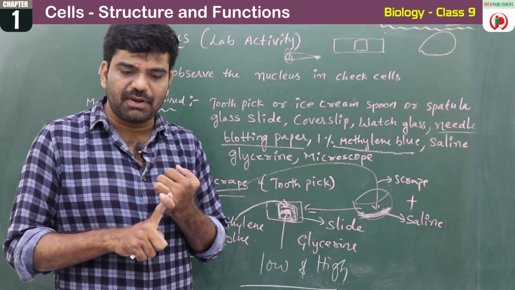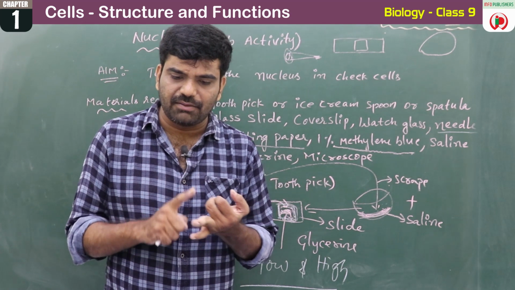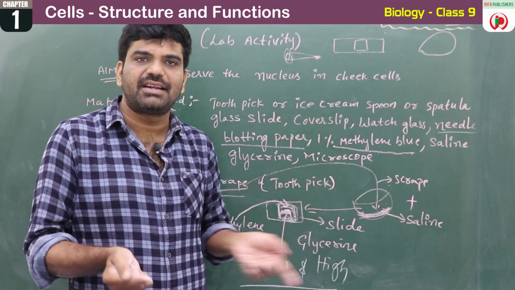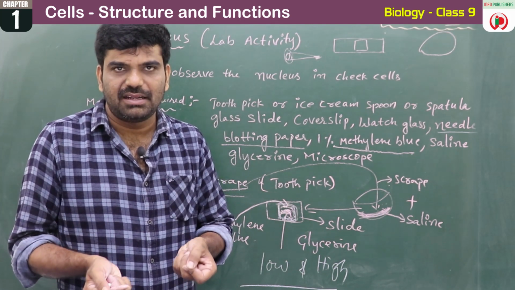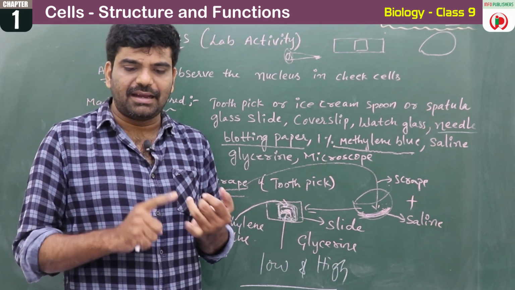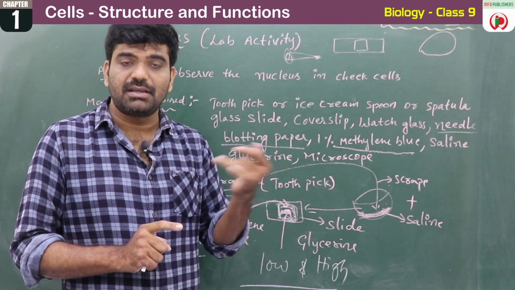So what is the shape of the cells that you have observed? Actually, which cell have we taken, children? Animal cell. Yes or no? This is an animal cell, and it is round, circular in shape. Are there any cell structures similar to the structures in onion peel cells? Yes, of course.